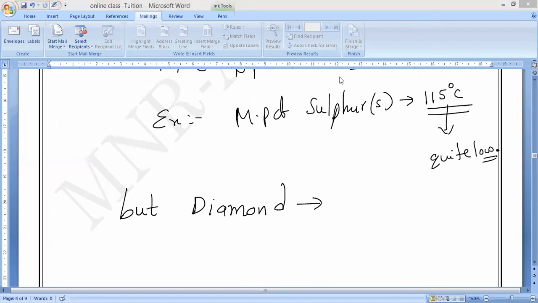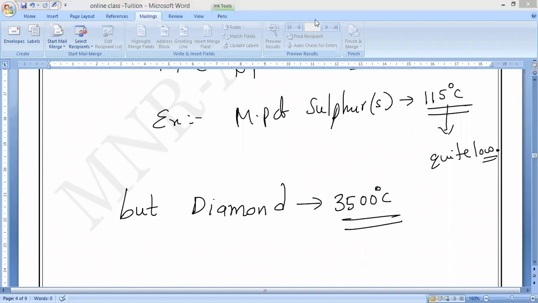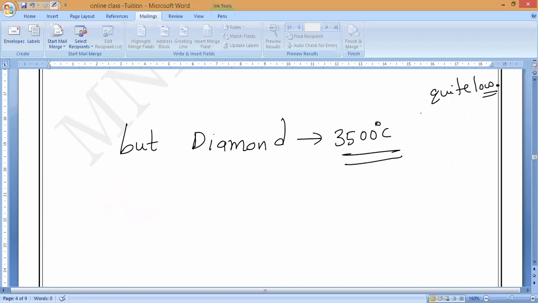But diamond is almost double that of iron, 3,500 degrees Celsius, very much more than metals. Diamond's melting point is more than metals. This is the only exception. Everybody should remember.